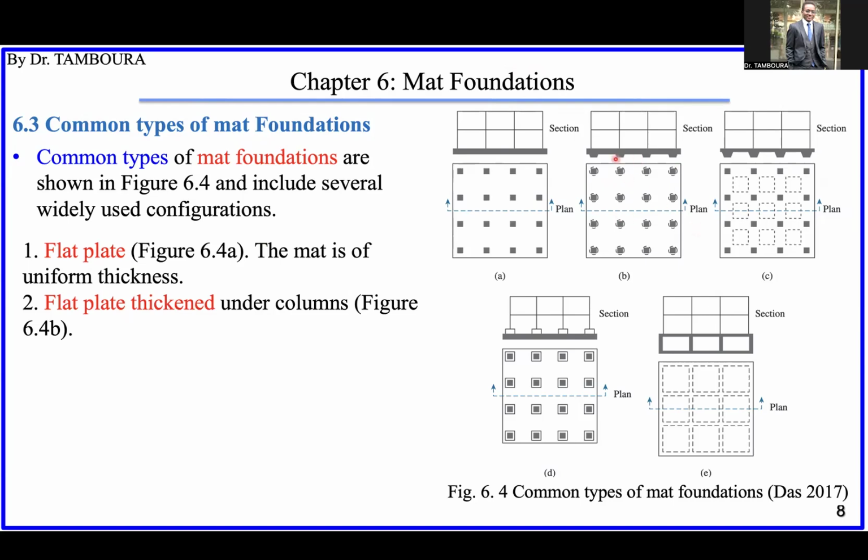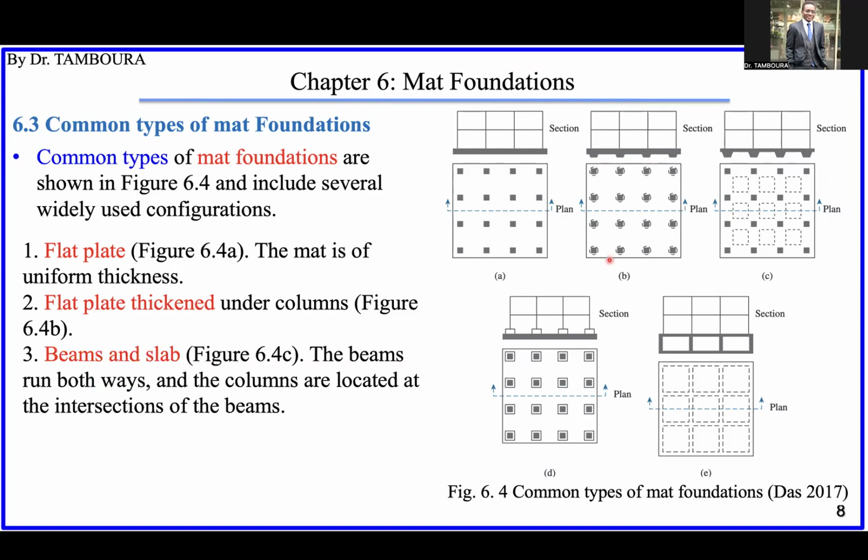So it means we have a thickened part under the columns coming down. Okay, and we have case C, beam and slab.